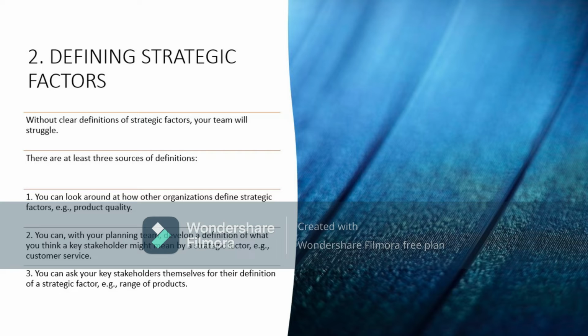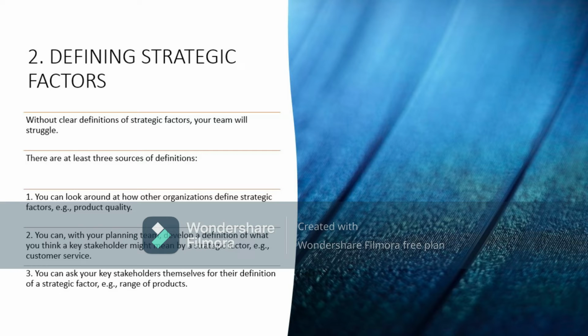Number 2, you can, with your planning team, develop a definition of what you think a key stakeholder might mean by a strategic factor. Example, customer service. And 3, you can ask your key stakeholders themselves for their definition of a strategic factor. Example, range of products. And between the 2 and 3, this would be the best definition.